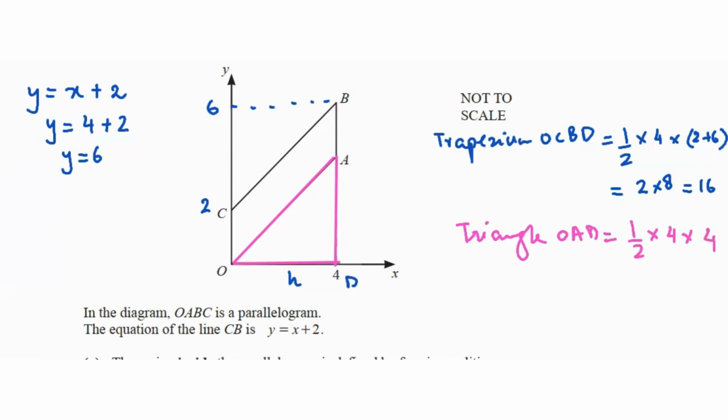Why? Because if you look at the equation of this line, that's y equals x. So if x is 4, y would also be 4 over here. So this point over here is 4. So that's going to be 8. So area of OABC, which is the parallelogram, is going to be the difference of 16 and 8, which is 8 units square. That is your answer.